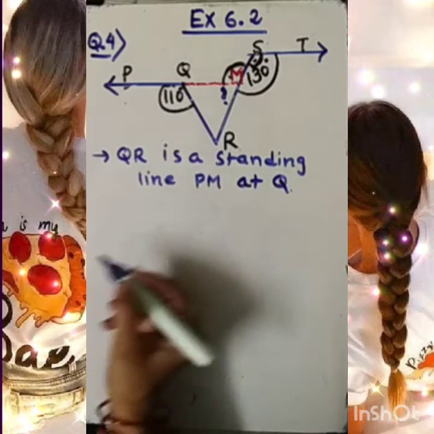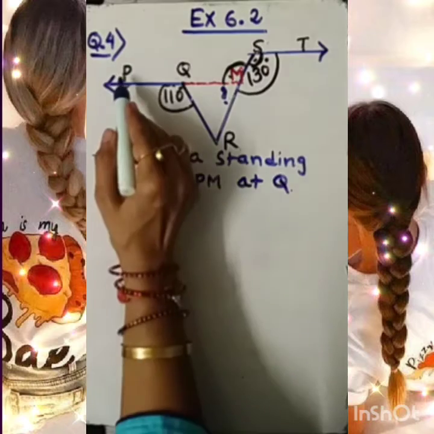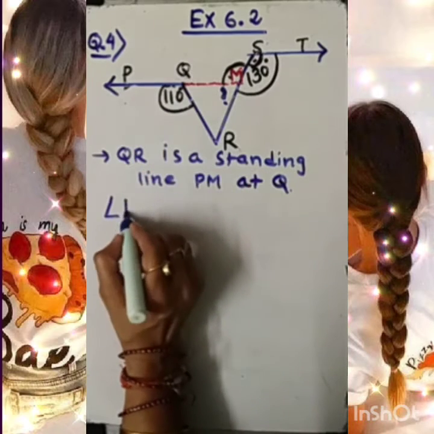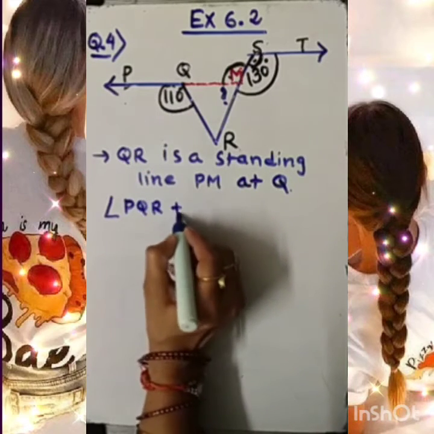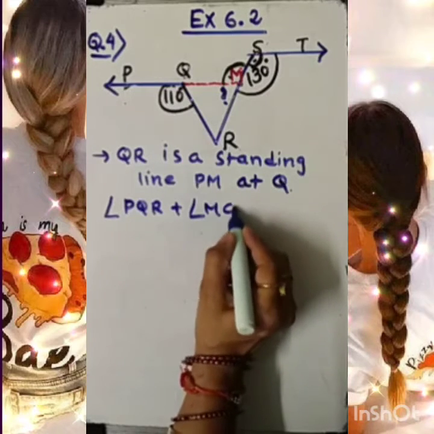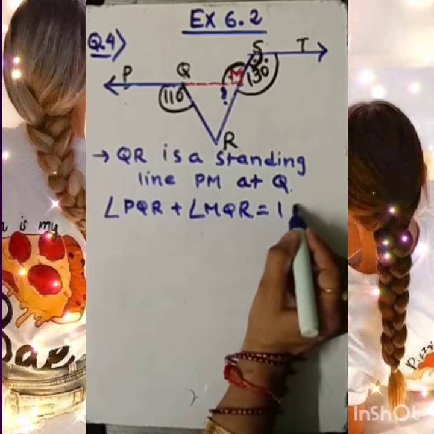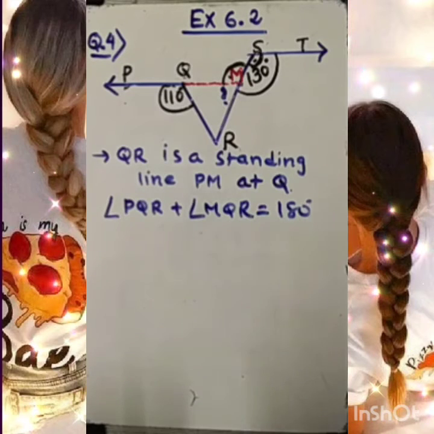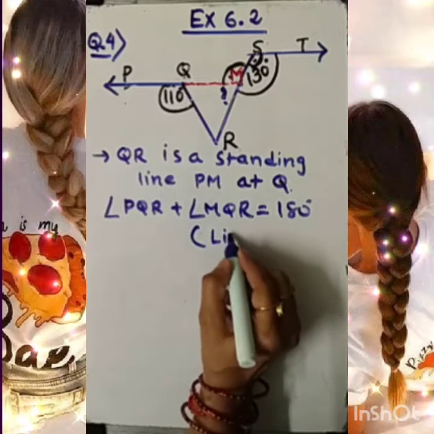If it is a standing line, then the sum of angle PQR plus angle MQR must be 180 degrees. They are forming a linear pair again. You can mention here linear pair.